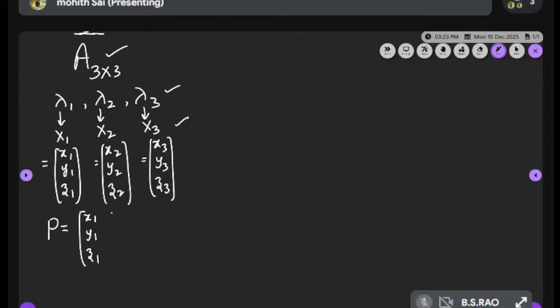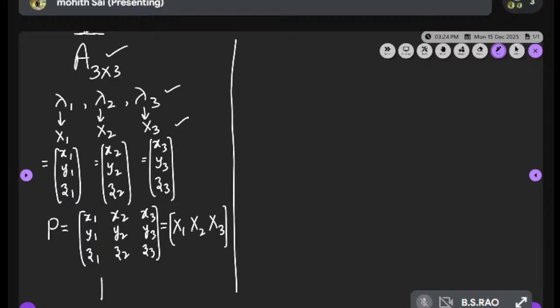The columns (x1, y1, z1), (x2, y2, z2), (x3, y3, z3) are nothing but x1, x2, x3. A matrix P is constituted, formed, by the eigenvectors of the matrix capital A. Now, using P, we can diagonalize capital A. How?